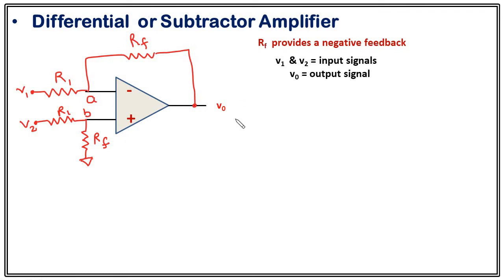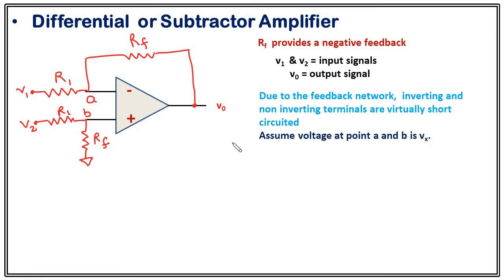Here again, we will consider the output voltage as V out. Now, due to the presence of negative feedback, the inverting and non-inverting terminals are virtually short-circuited. That means the potential at point A and point B will be the same. Let's assume that the voltage at points A and B is Vx.